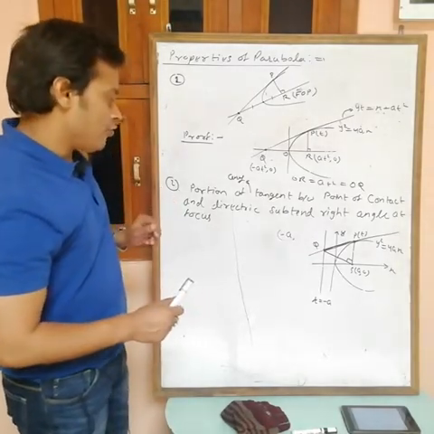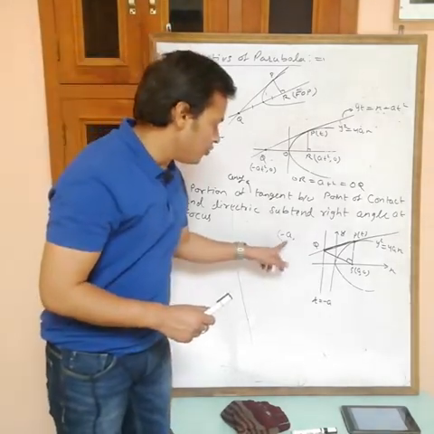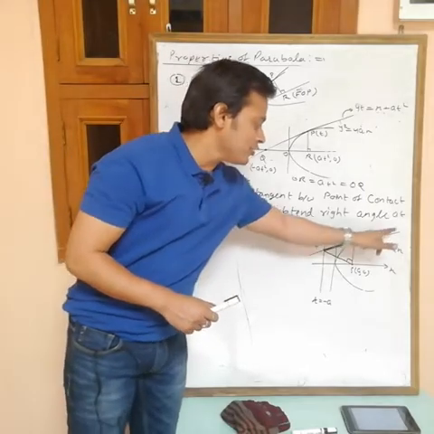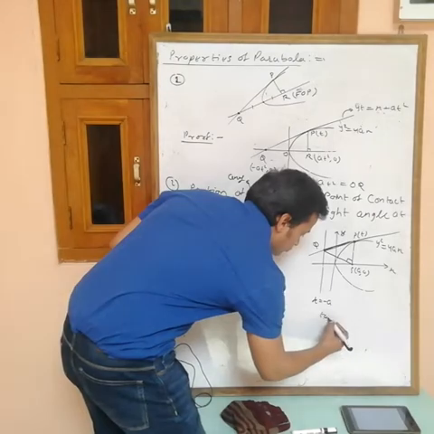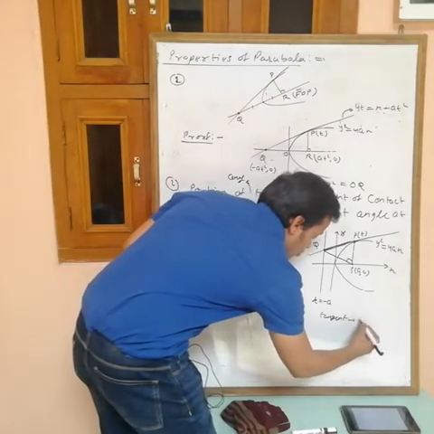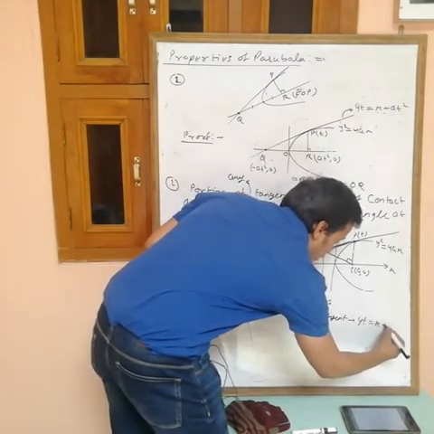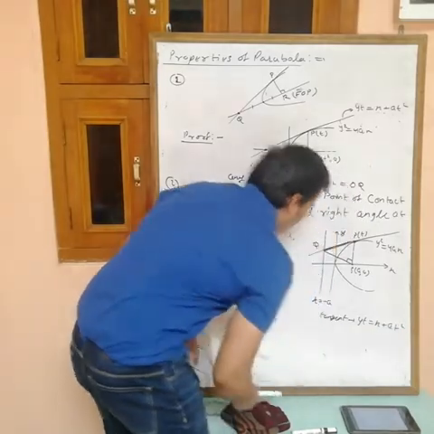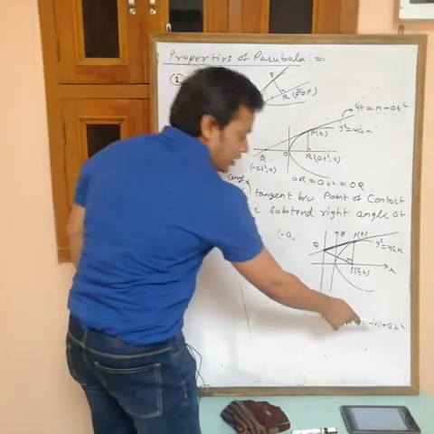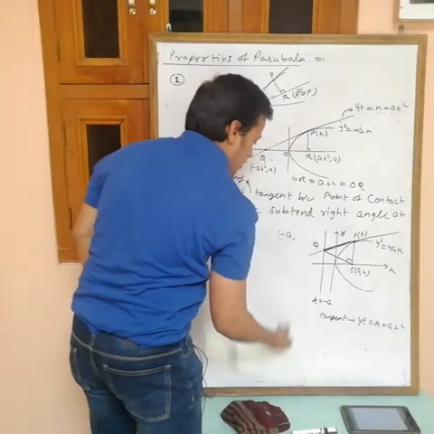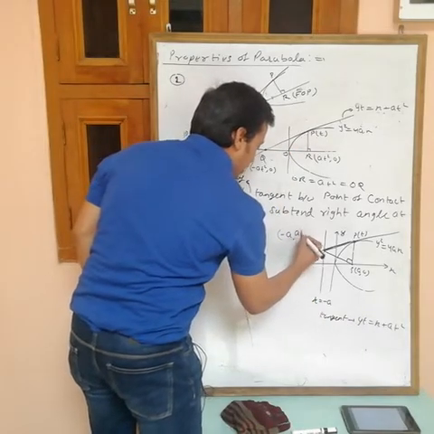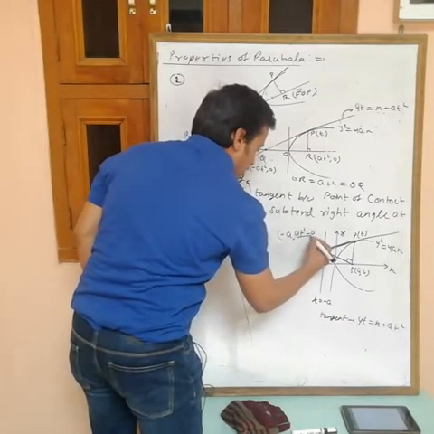To get it, put the value of x in the equation of the tangent, yt equals x plus at square. The x coordinate is minus a, so put minus a. What we get is the value of y as (at square minus a) by t.